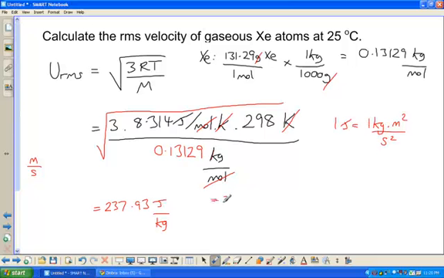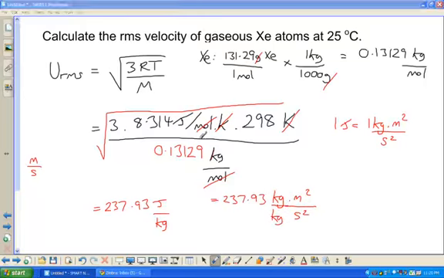So what that says is we have 237.93 kilogram meter squared per second squared, and we still have the kilograms that was on the bottom originally. So that's still there, and of course that means that those two sets of kilograms can cancel out. But not only that, we have squared and squared, those can cancel as well.